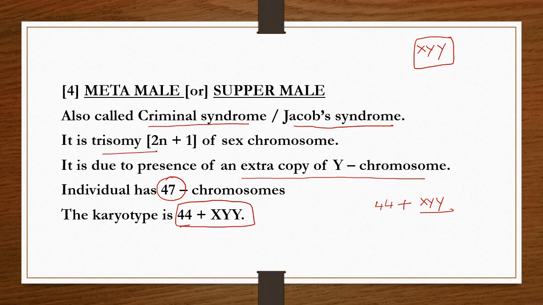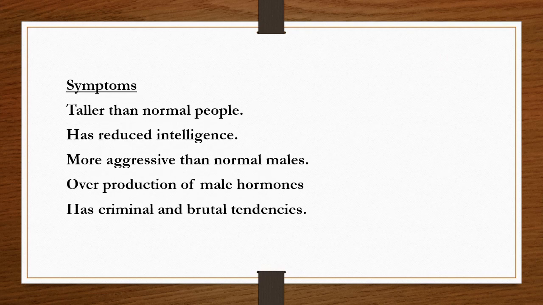Now let's see the symptoms of this metamale or super male. The symptoms are: taller than normal people. The metamale or super male individuals are taller than normal people. They have reduced intelligence, that means intelligence, cleverness is less, and they are more aggressive than normal males.